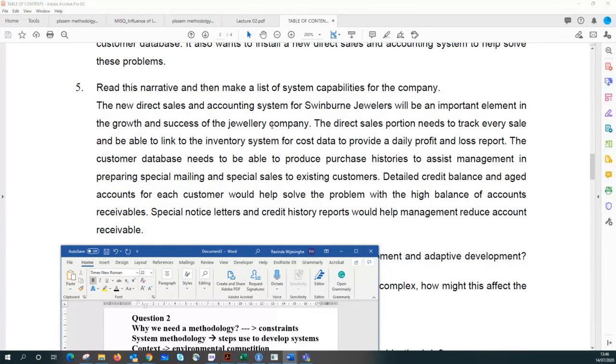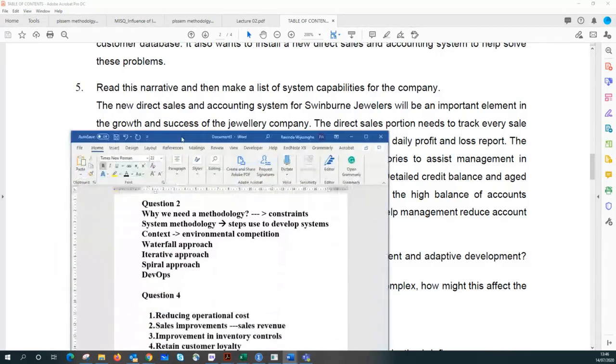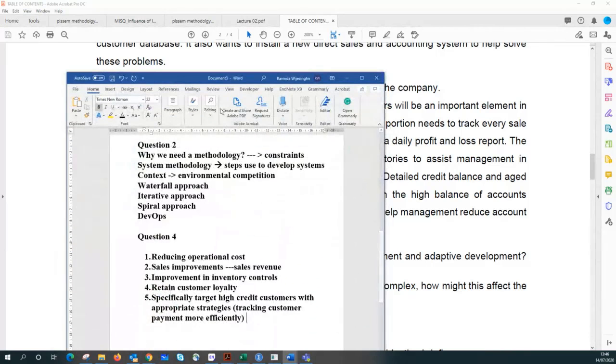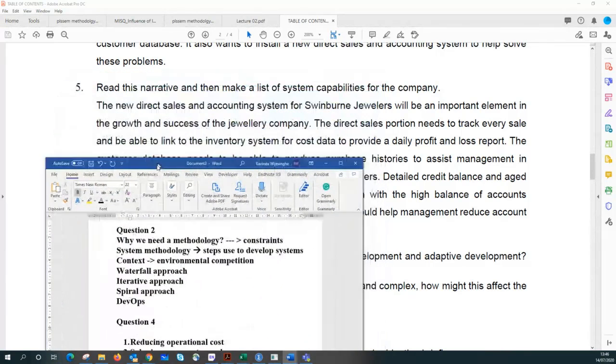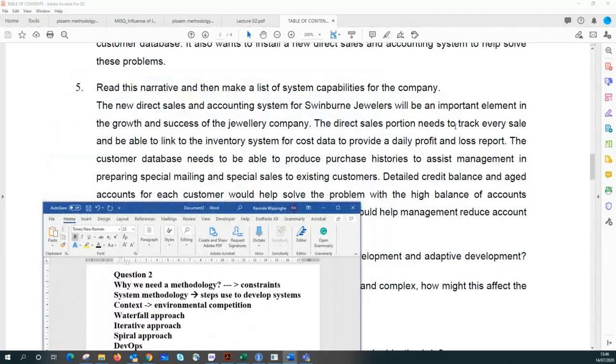So obviously, from these business benefits, we know that this is a potential development opportunity. The direct sales portion needs to track every sale and be able to link to the inventory system for cost data to improve the daily profit and loss report. So they want the daily profit and loss report.